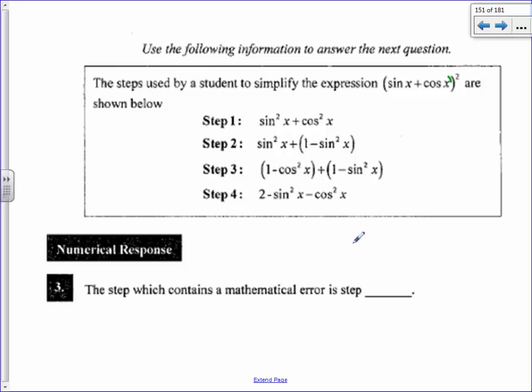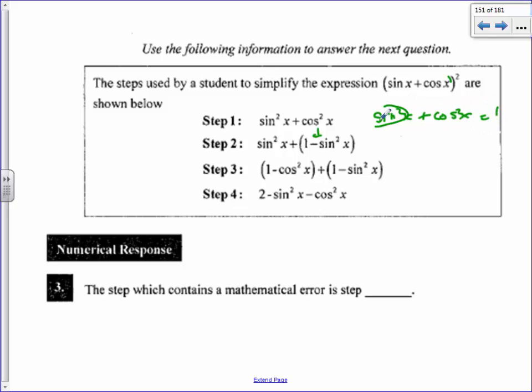So, let's take it from the top. Sine squared x plus cosine squared x. They kept sine squared x the same, and made cosine squared x turn into 1 minus sine squared x. Is this step valid? Yes, it is, because of the rule that sine squared plus cosine squared equals 1.